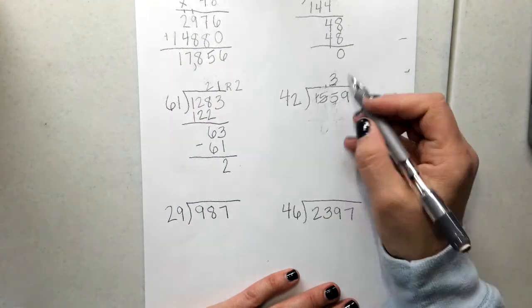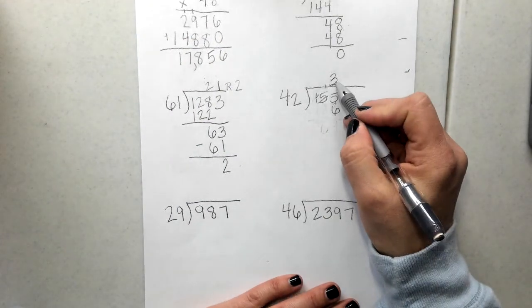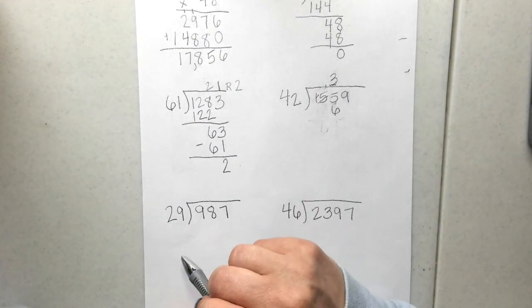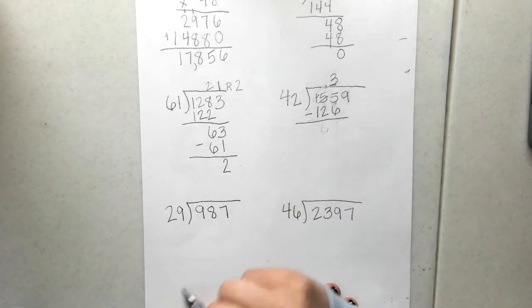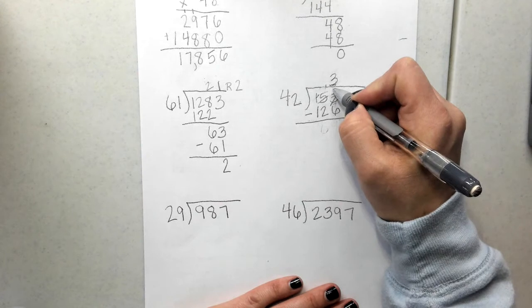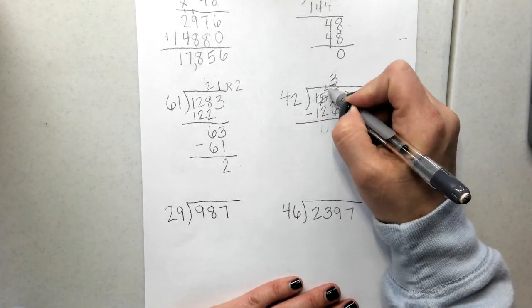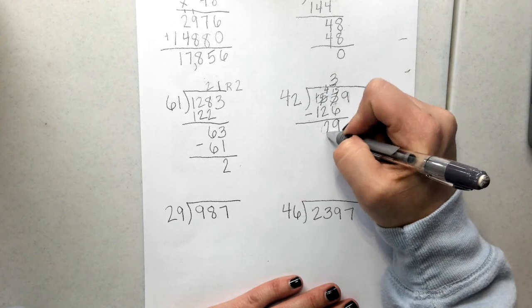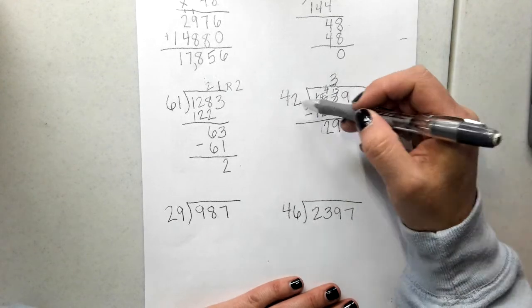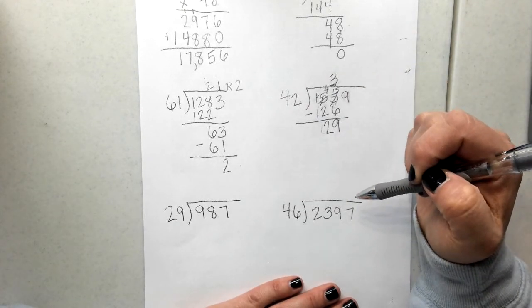3 times 2 is 6. I said 3 times 4 was 8. It's not 8, it's 12. So then we have to subtract, okay? This becomes 15, that becomes 4, 9. 4 minus 2 is 2. Now I can't take 42 and put it into 29.